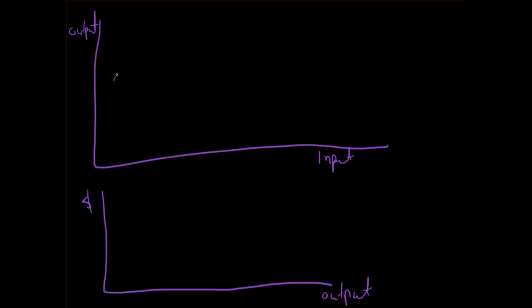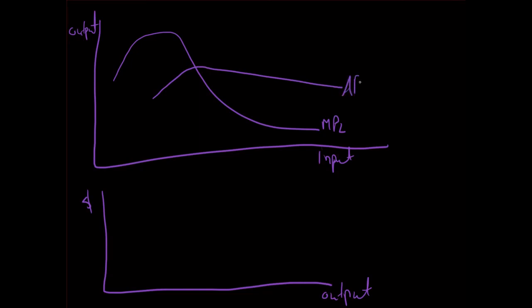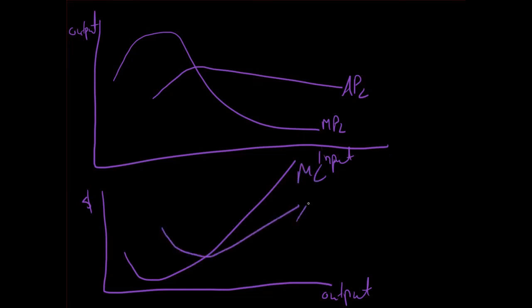But generally, we expect, due to specialization and diminishing marginal product, to have a situation like this for these graphs. And for marginal costs and average variable costs, we expect to have something like this.